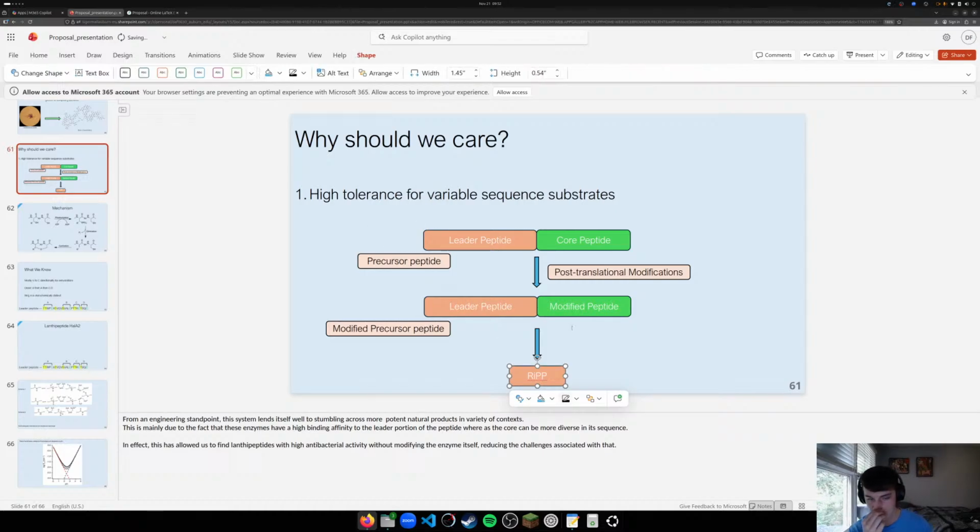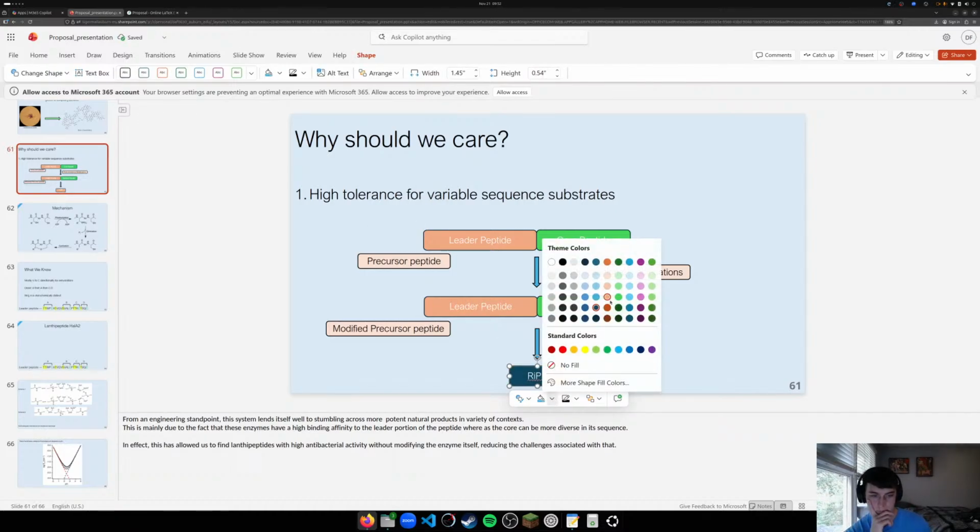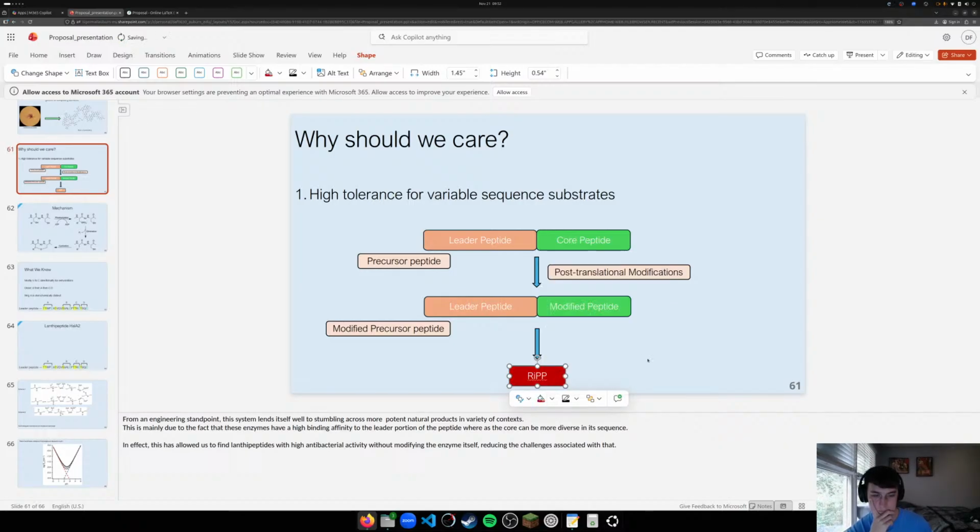All right, what color should this be? Purple? That? Yeah, that's fine.